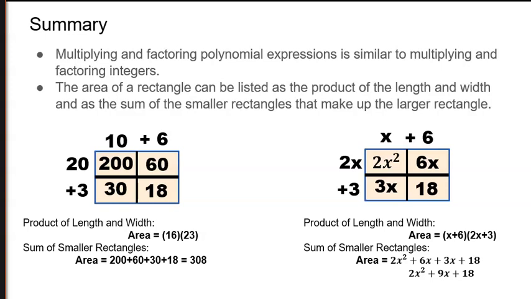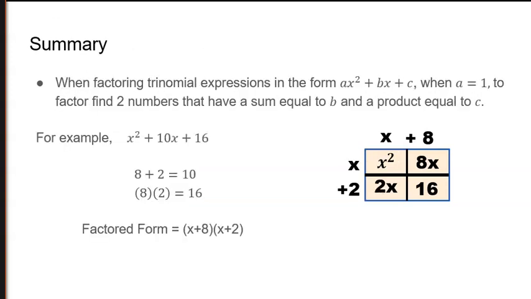The area also can be represented as the sum of the smaller areas that make up the area of the larger rectangle. We also found that when you're factoring quadratic expressions, when a is equal to 1, you need to find two numbers that multiply to get c and add to get b. These numbers are used when you write the expression in factored form.